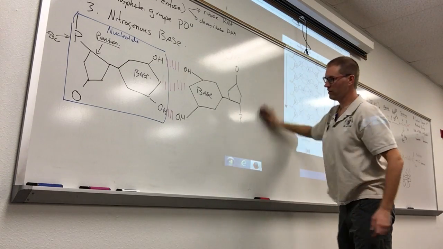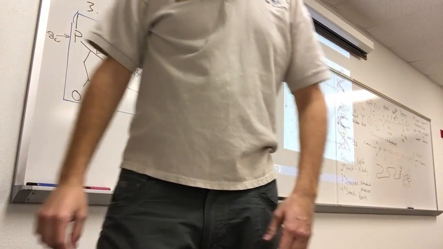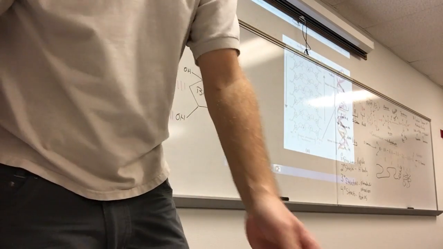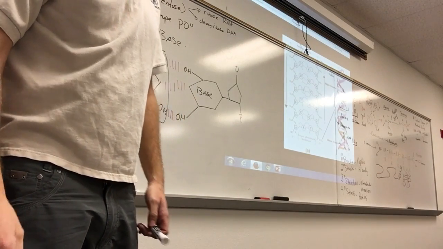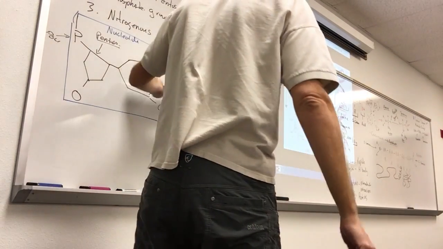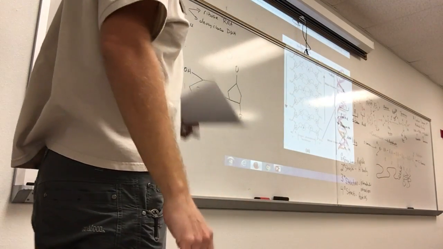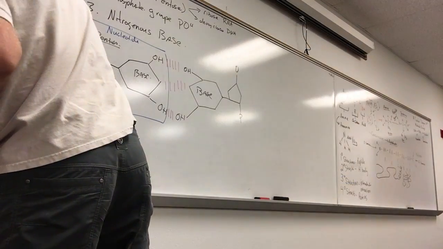Now how this works is there are several different nucleotides. There are 4 of them in DNA. There are 4 different bases, rather, on each of the nucleotides. So let me turn this off.